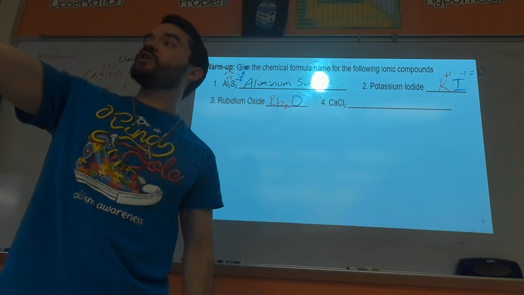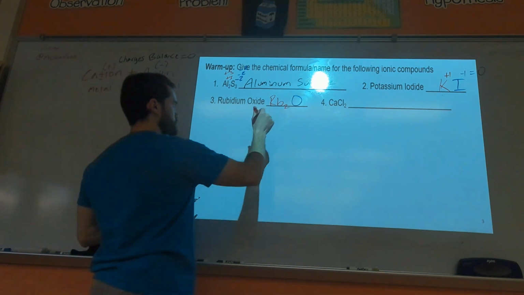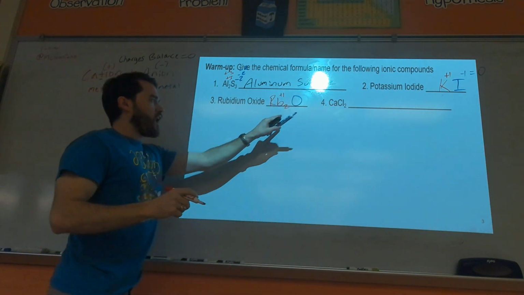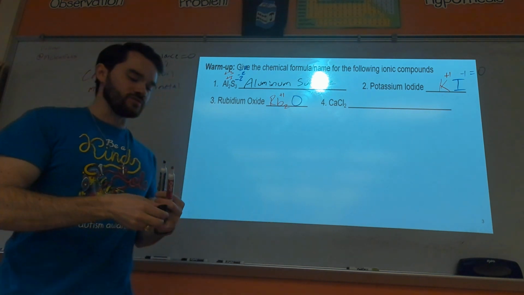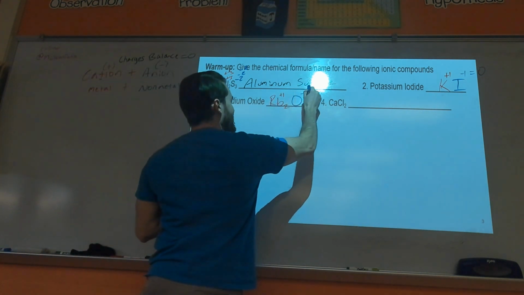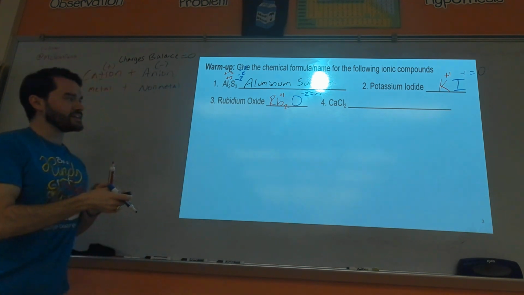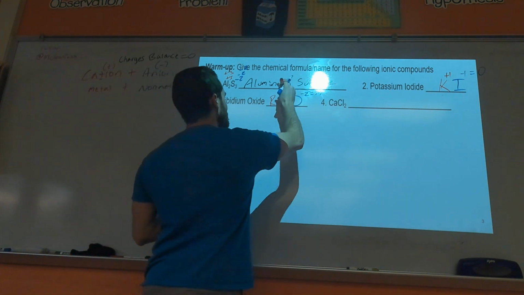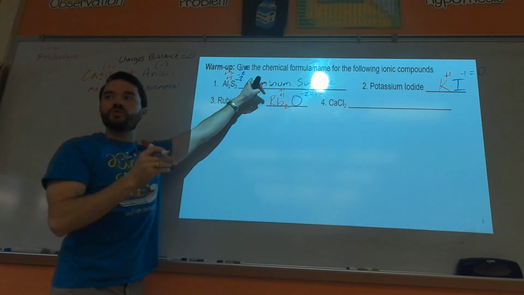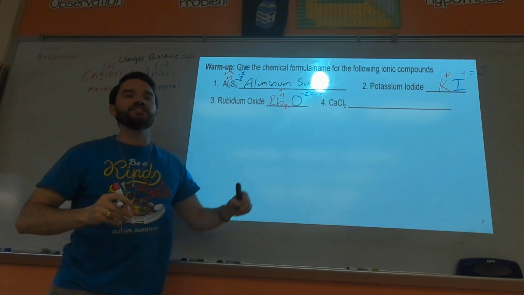Rubidium forms a +1 charge. Oxygen is in group 6 or 16. It forms a -2 charge. As it stands right now, 1 minus 2 does not equal 0. That is why we needed 2 rubidium atoms. We needed 2 +1 charges to cancel out the -2 on the oxygen.